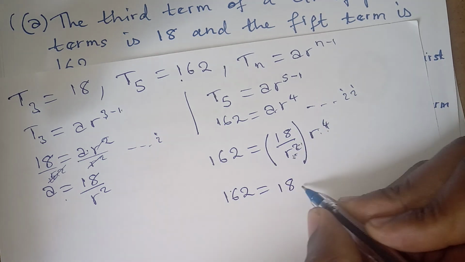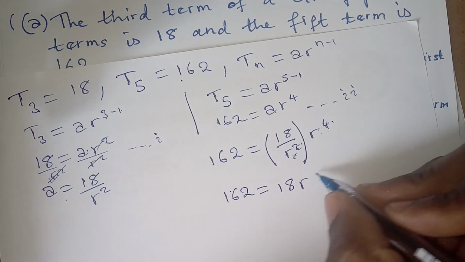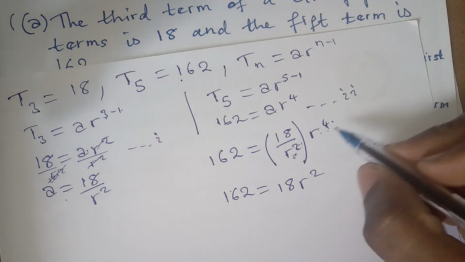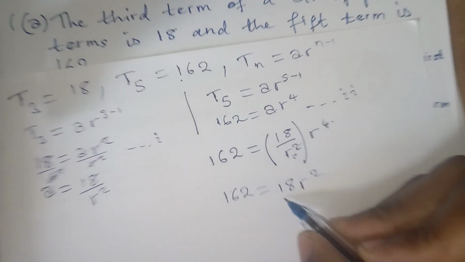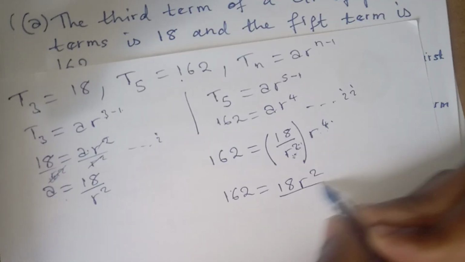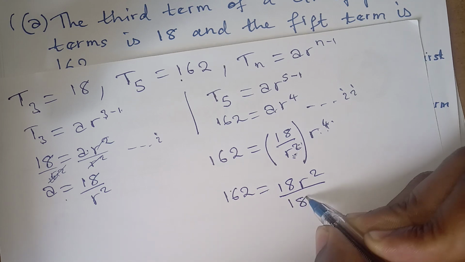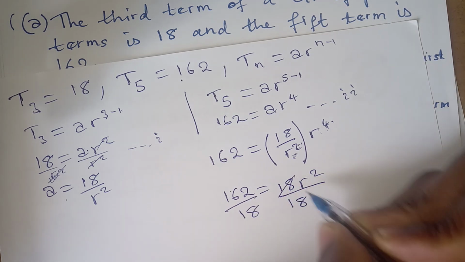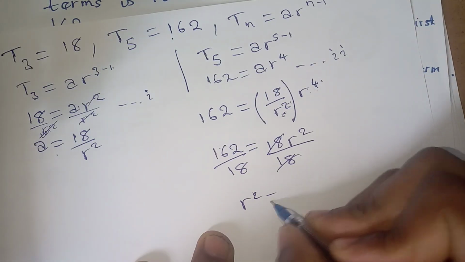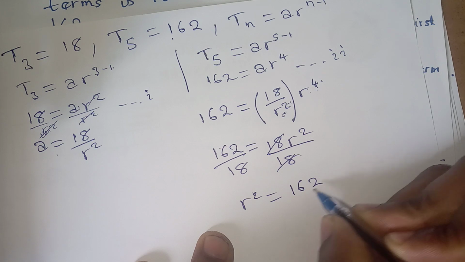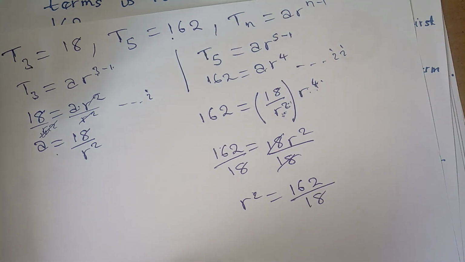This would be 18 r squared like this. So that's like saying 4 minus 2. So that gives us this. To solve for r, you can simply divide both sides by 18. And then we can say r squared is equal to 162 over 18.